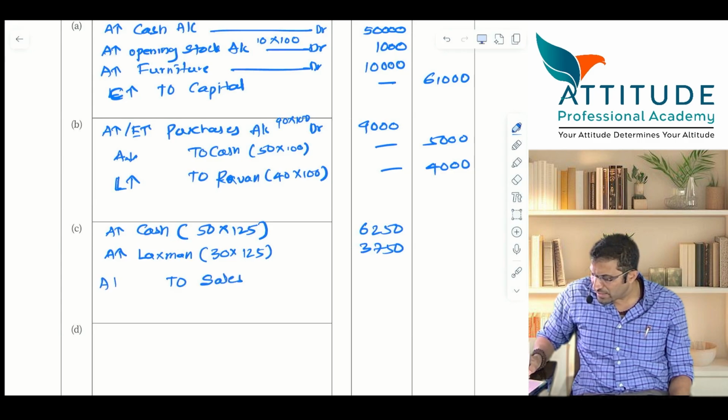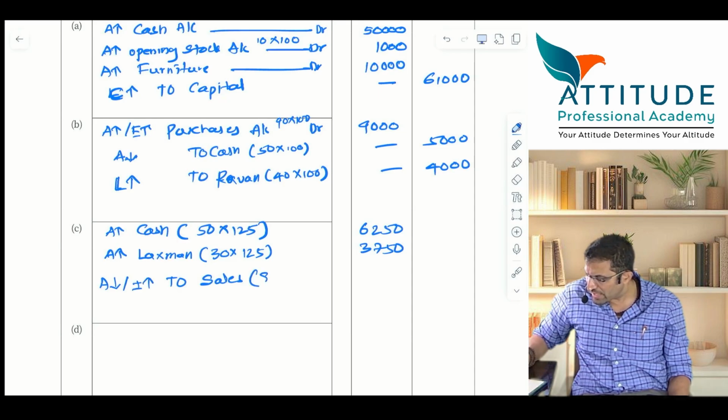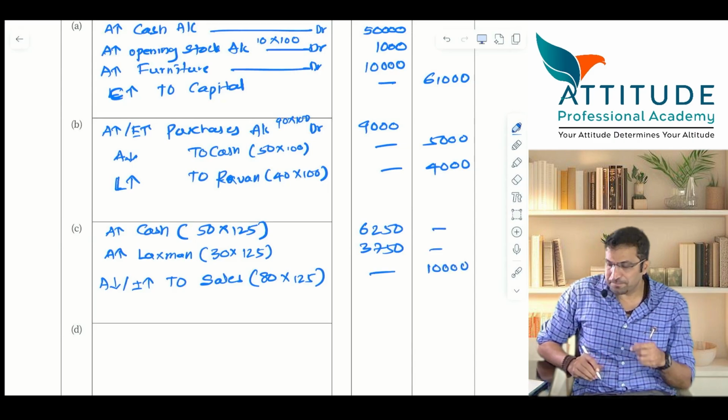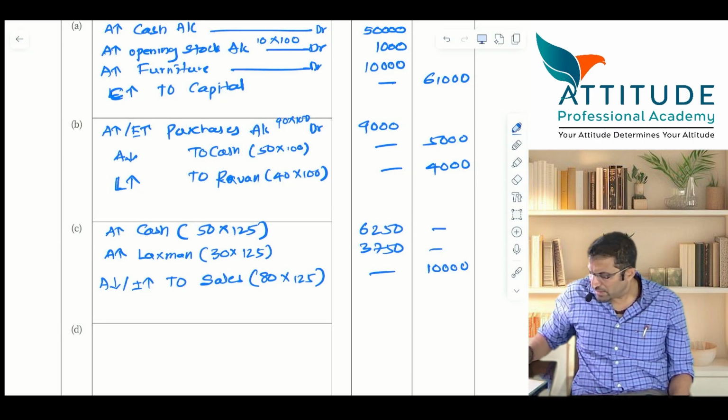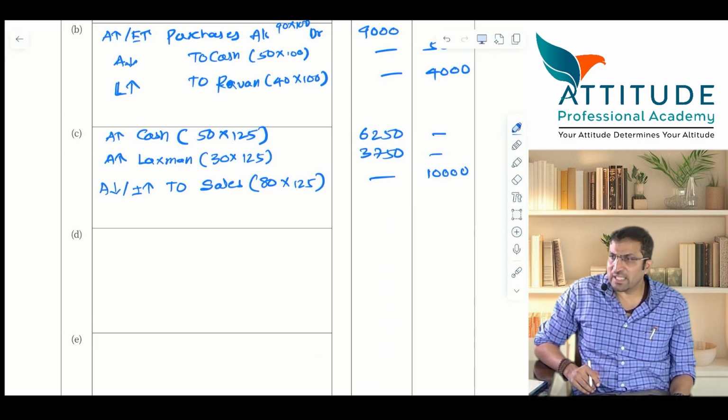Either asset reduces or income increases. And how many shirts? 80 shirts are sold at 125 each. That's it. Up till here, all of you are comfortable? Okay. Fourth one. Tell me the fourth transaction.